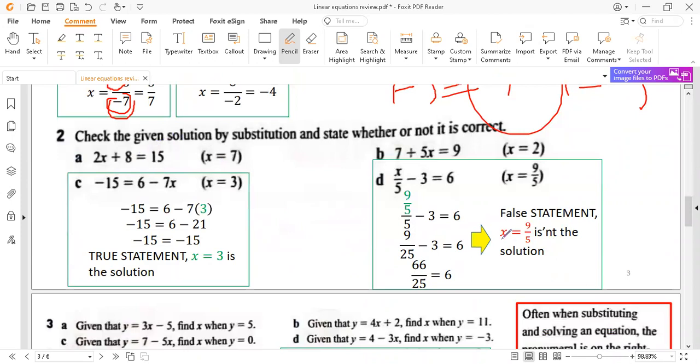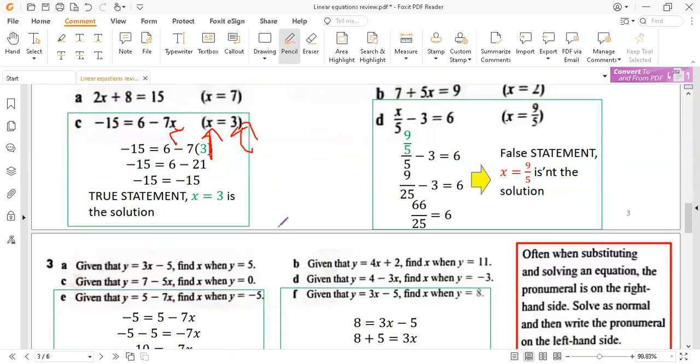When they ask us to check the given solution by substitution and state whether or not it is correct, it is easy to substitute the given value for x in the given equation. For example, replace x here by 3. We should have both sides equal if it is a solution.